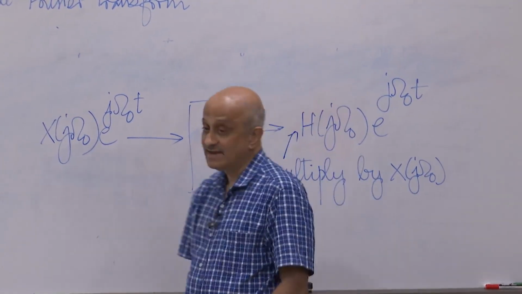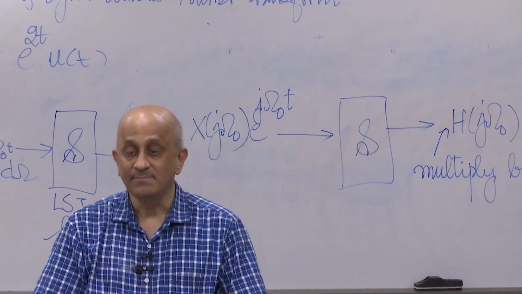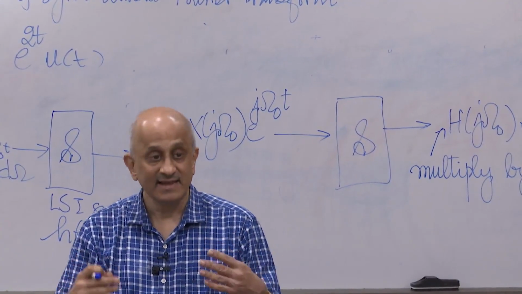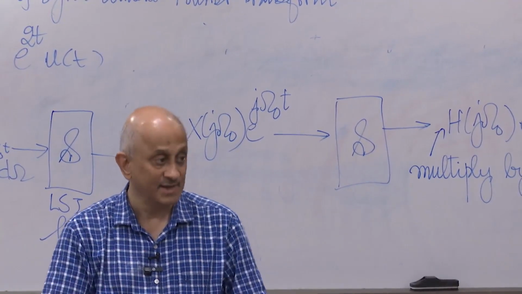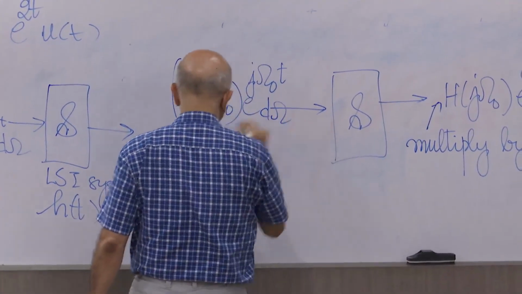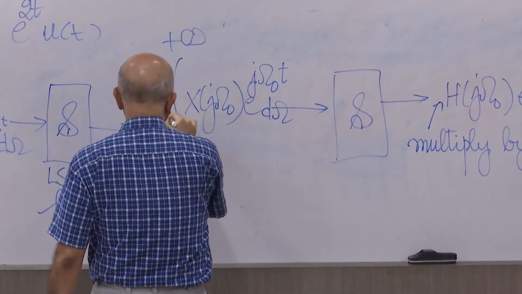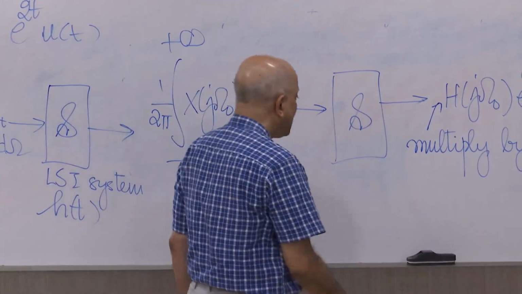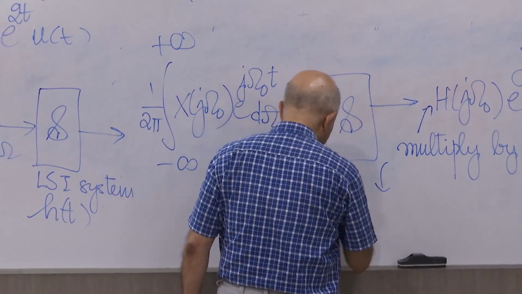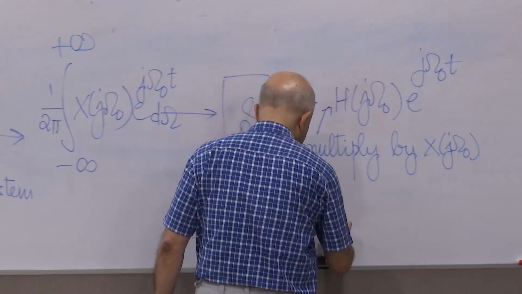And now when I integrate with respect to all omega, effectively I am invoking the principle of additivity here, right? Integration is the limiting case of addition. So when I integrate over all omega here, and of course divide by 2 pi, that's just a constant, I would effectively get 1 by 2 pi integral over all omega naught.